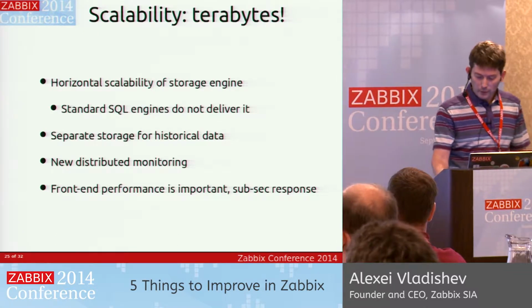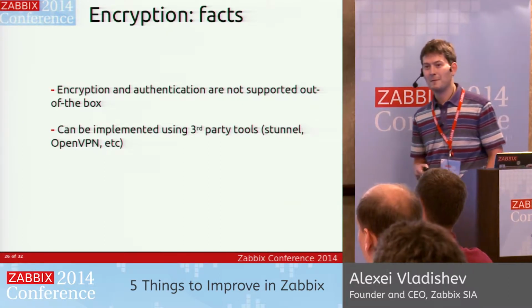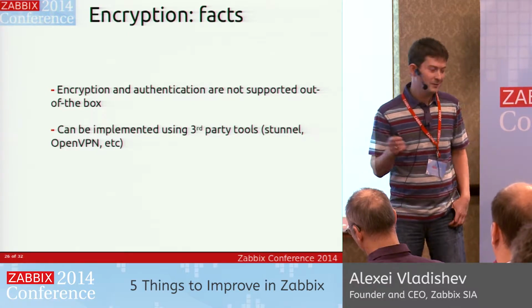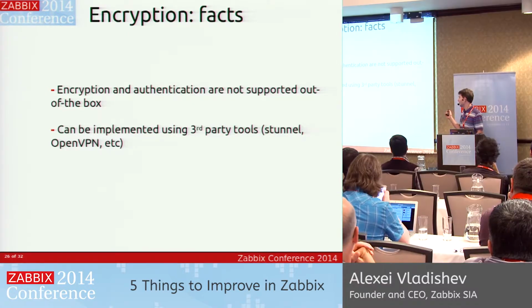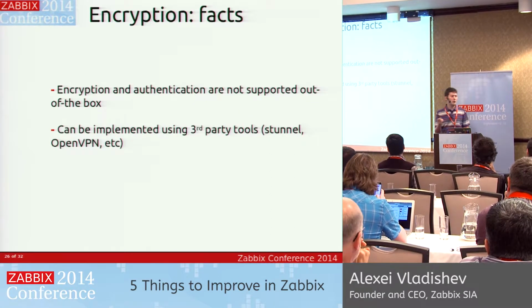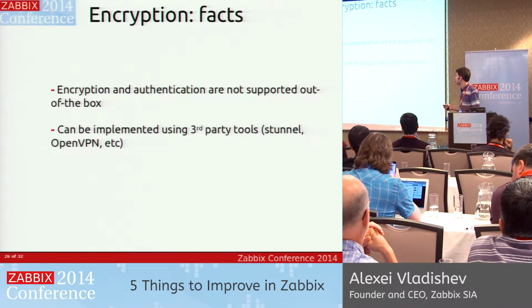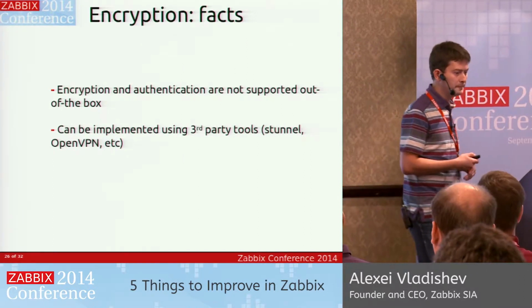Another thing which is really missing in Zabbix is encryption. It's been for years. I guess it's maybe the number 1 or number 2 feature request in our tracker. So encryption and authentication are not supported out of the box.